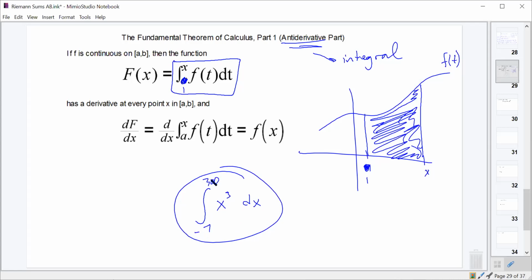As long as I can find the generic function that represents this area under this curve by taking an antiderivative or by taking an integral. And the way we do that is by doing the opposite of taking a derivative. So we're going to basically be doing all of the derivative rules in reverse with our integrals. Does that sort of make sense?